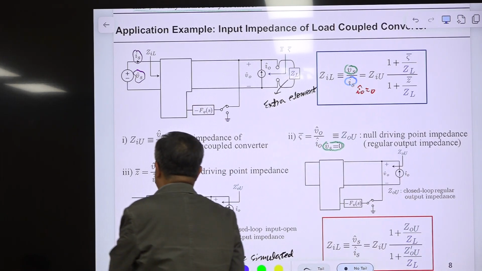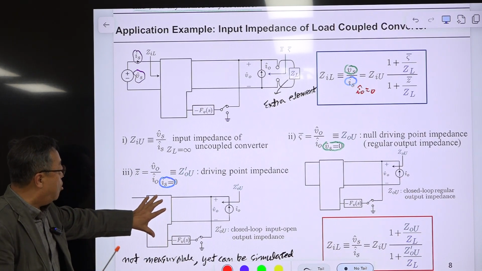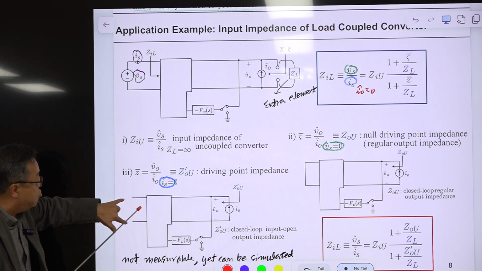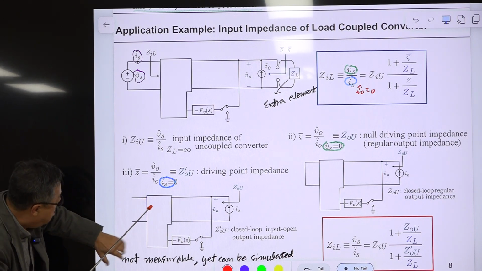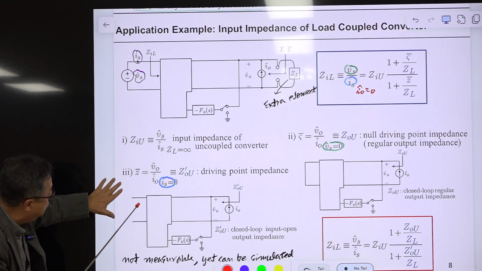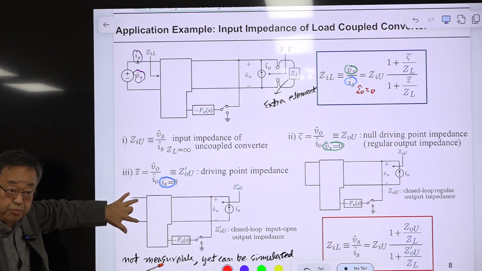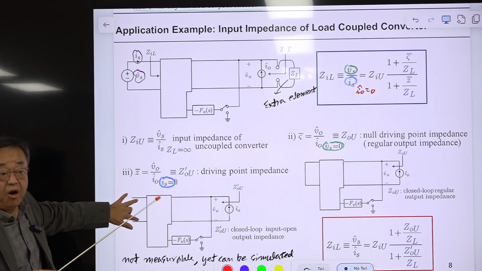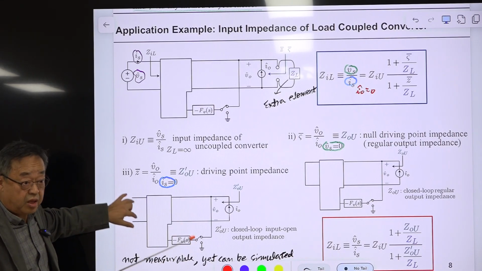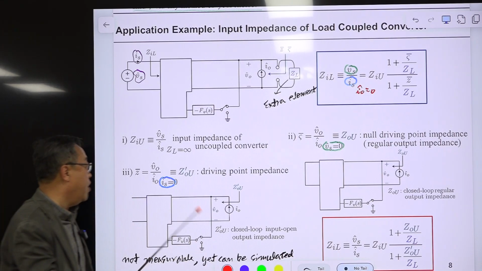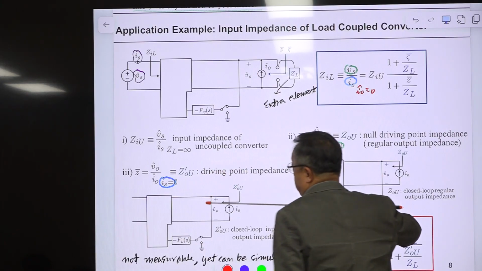You have a converter, an uncoupled converter. There is an input, and you eliminate the input part, and you put a very large resistance in between, probably 1 megaohm, something like that. Then it's practically an open circuit, and you measure the output impedance here.